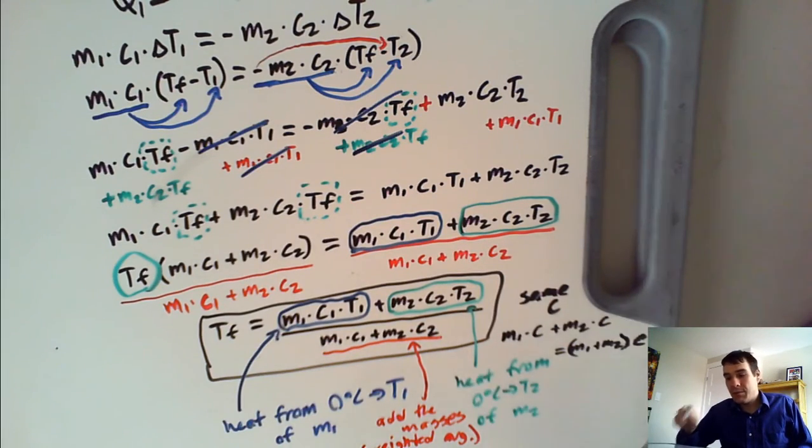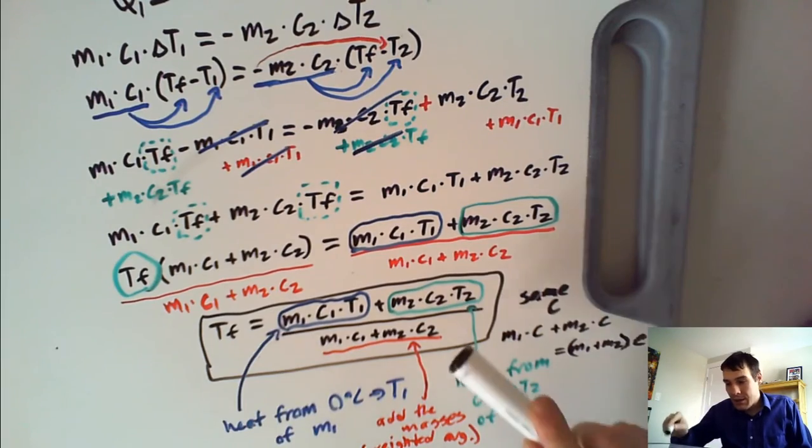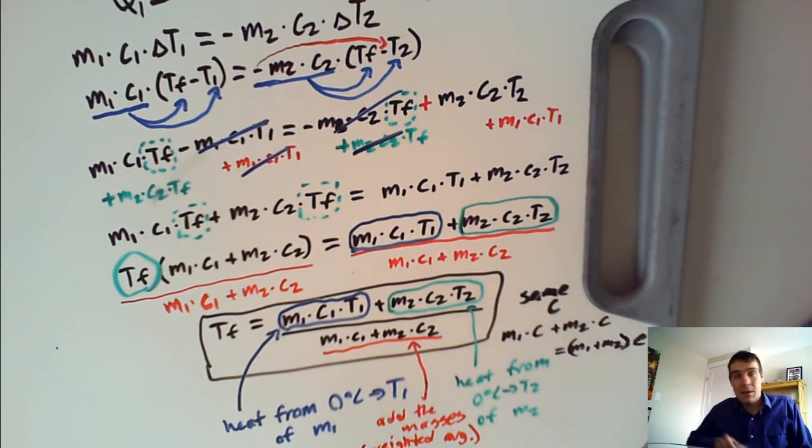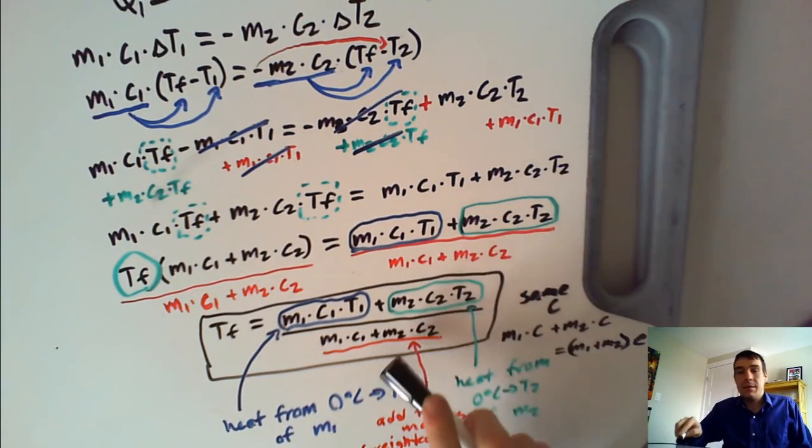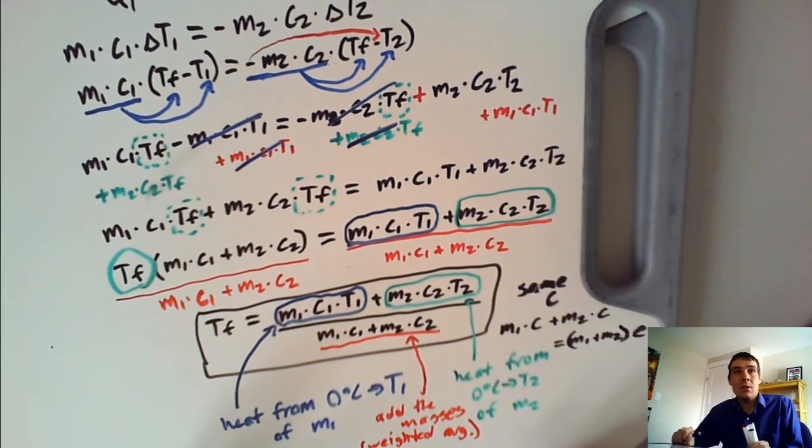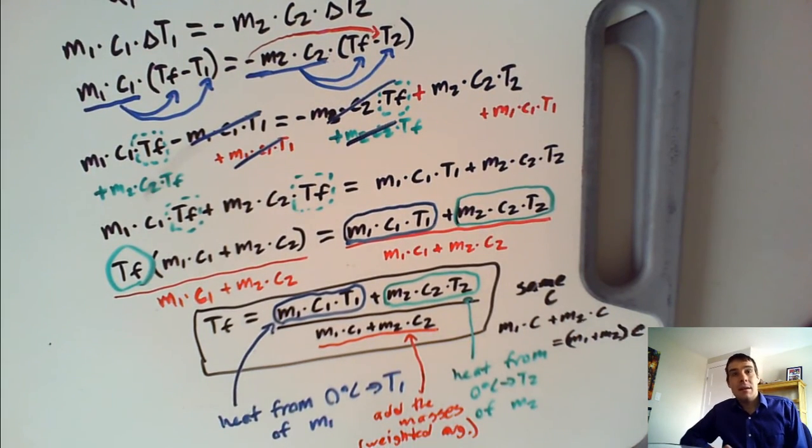Any two materials with any two masses, any two heat capacities, any two initial temperatures, that will be an answer. So it's the heat from 0 to T1, the heat from 0 to T2. Add them together and divide them by the weighted average of the masses and the heat capacities.